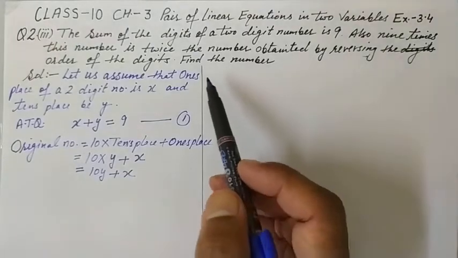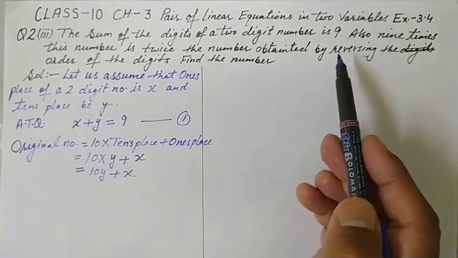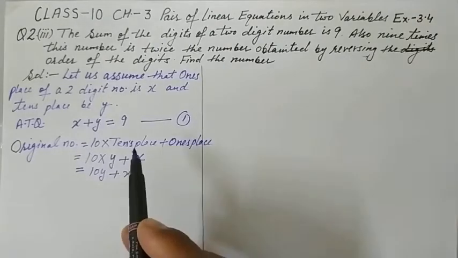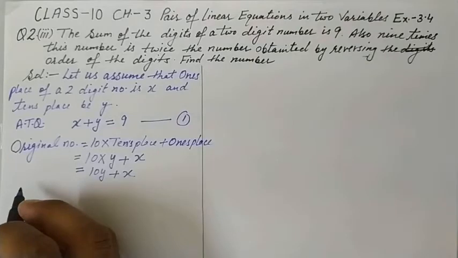Now he is saying that on reversing the digits. So first of all, we will find the number on reversing the digits. Let's see what that new number is. We'll call this the new number.